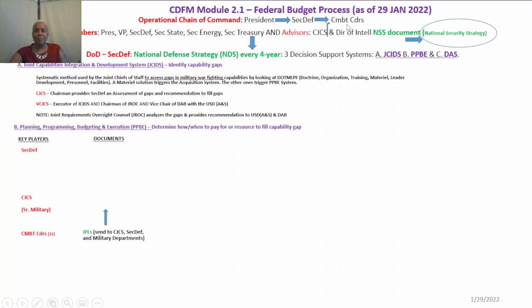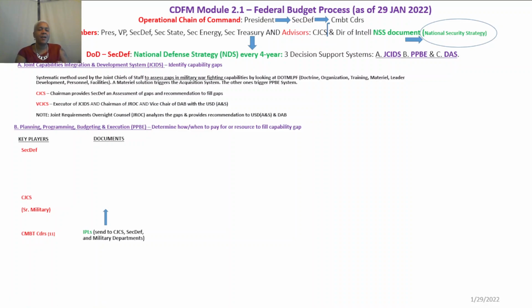So remember our combatant commanders from up here, right? Operational chain of command, they have priority for resources. So when those combatant commanders identify what they need, their requirements, they issue IPLs, Integrated Priority Lists. That is where these combatant commanders annotate.